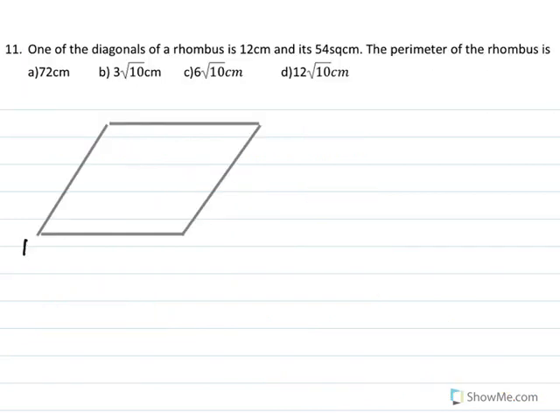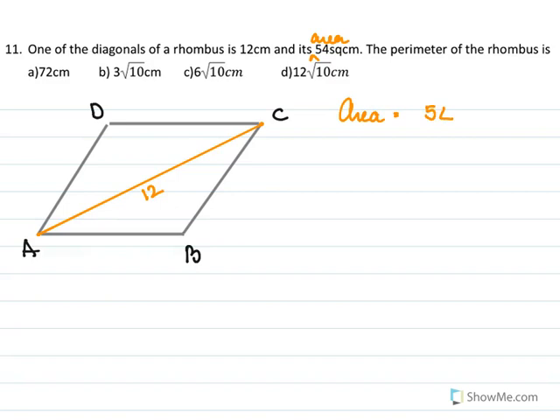One diagonal of the rhombus is 12. So here is a rhombus ABCD, and one diagonal is given as 12. So let me draw the diagonal. This is 12. AC is 12. And the area is 54. Area is not drawn, just write down here, area equal to 54 centimeter squared.